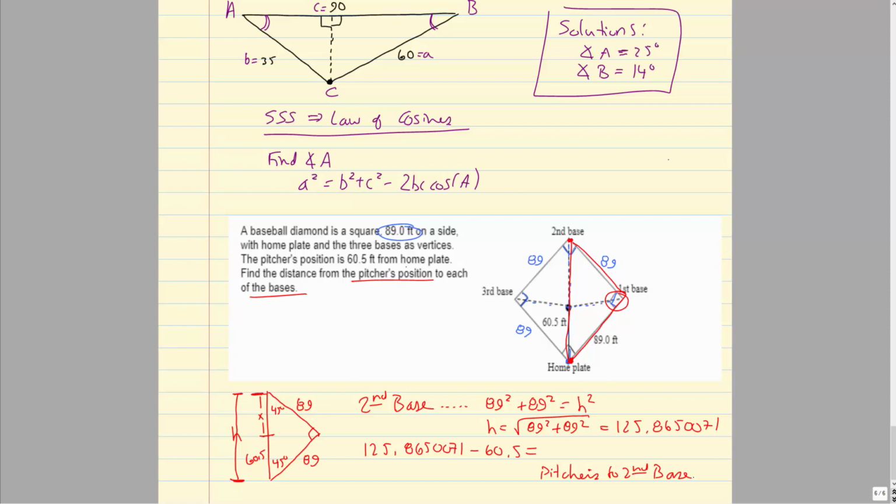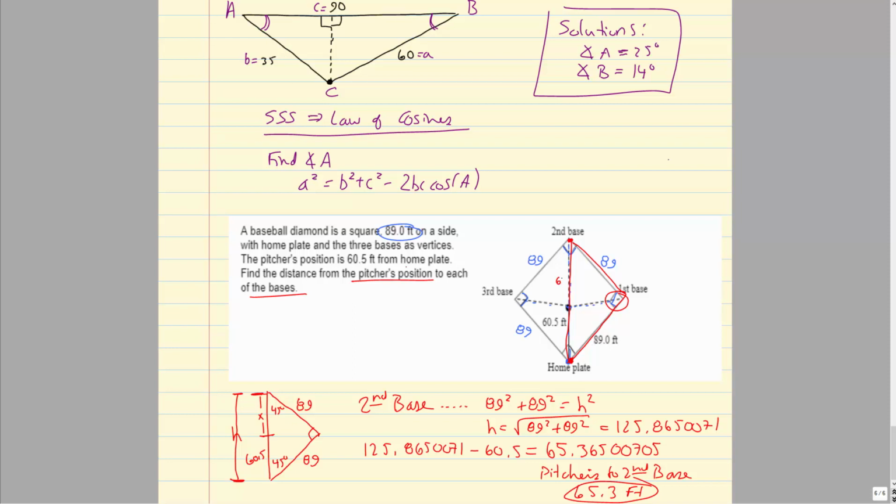So let's take that 125.8650071 and subtract 60.5. So I get 65.36500705. Now directions will probably say something like round to the nearest tenth. So the pitcher's mound to second base would be 65.3 feet to get us started.